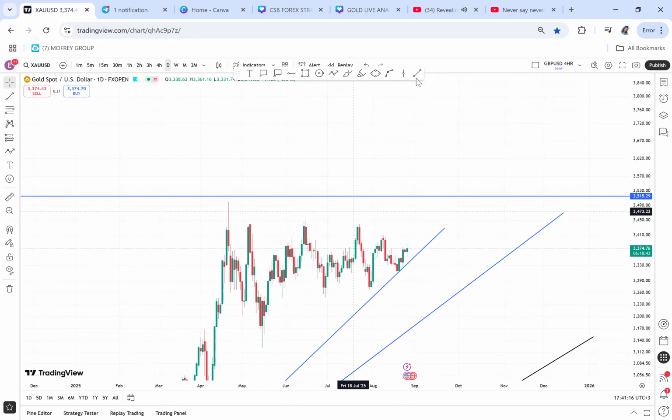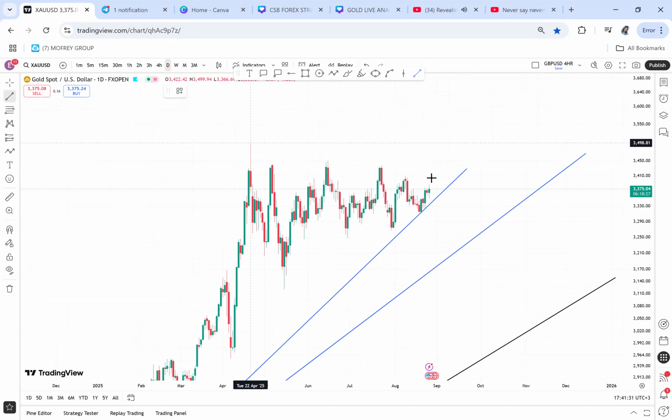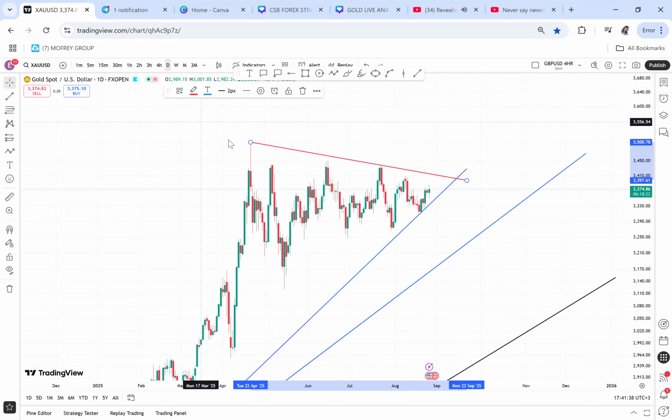The trendlines that I have put are presenting like a support. But how can we tell if buyers are very strong? If they break this, let me put it red, if they break this one that is now reacting like resistance, so this is an upper trendline.